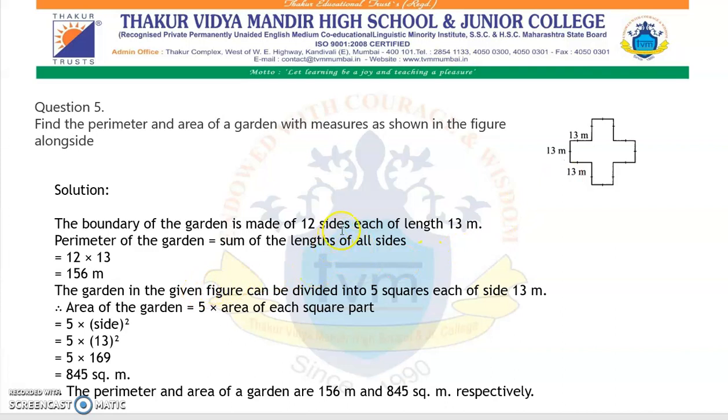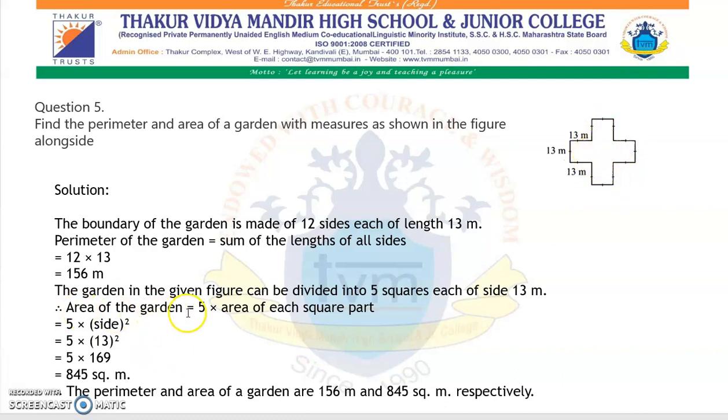So total how many sides are there? 12. Each side is of how much length? 13 meter, 13 meter, 13 meter. So perimeter is equal to 12 into 13 equal to 156 meter. The garden in the given figure can be divided into 5 squares, each of side 13 meters. See, this is 1 square, 2, 3, 4, and inside one is 5th one.